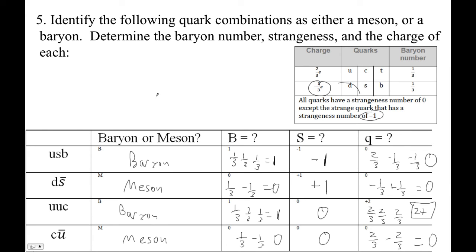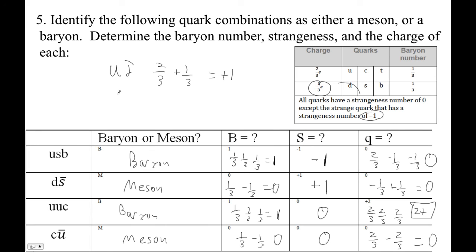Now, both of our mesons had no charge. It is not true that mesons don't have charge, right? They can be +1 or -1 as well. Let's consider, for example, up anti-down, right? That would have a charge of 2/3, and then anti-down is the opposite of -1/3, so that would be +1, right?